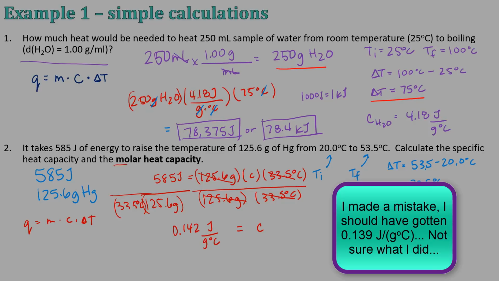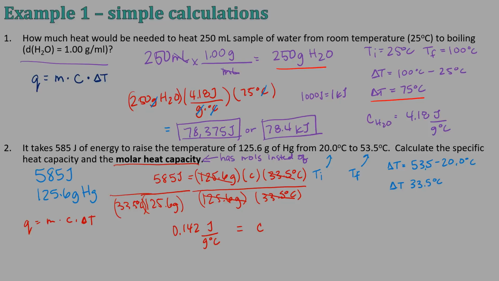Now this says molar heat capacity, and I haven't really talked about that. I just put it in here because it's really not hard and makes you pay attention to the units a little bit. Molar heat capacity has moles instead of grams. So I need to change this grams to moles. I'm going to take 0.142 joules per gram degree Celsius, and this is of mercury.